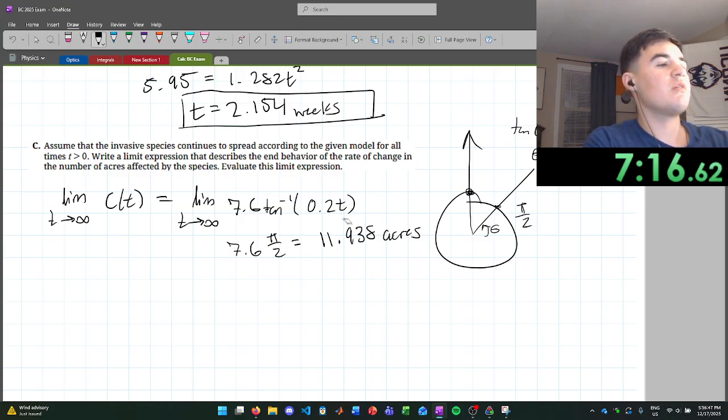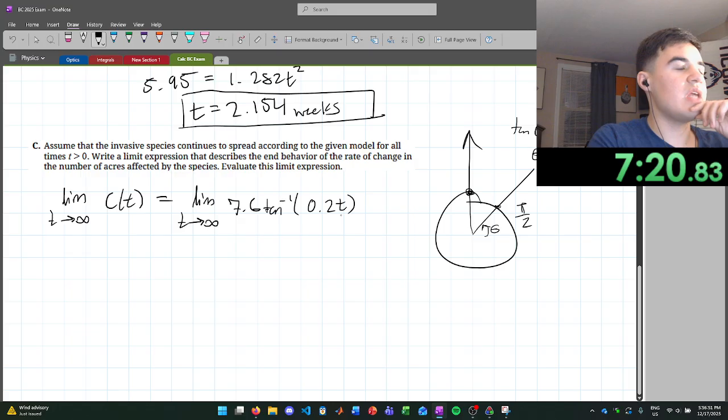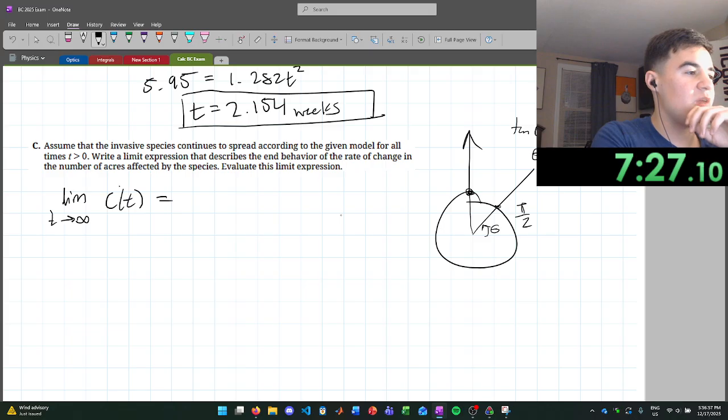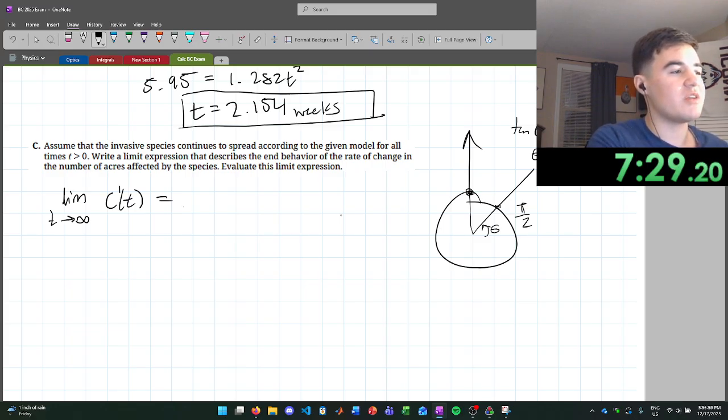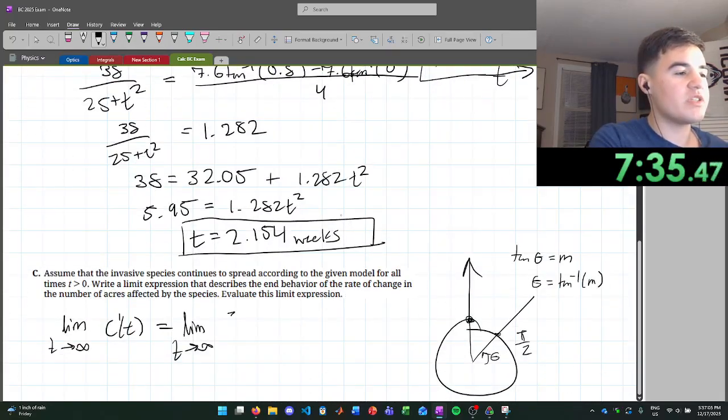We want a limit expression which describes the end behavior of the rate of change of the number of acres, actually. So we don't actually care about the number of acres that will be affected. We care about the rate of change. That's the limit as t approaches infinity of 38 over 25 plus t squared.